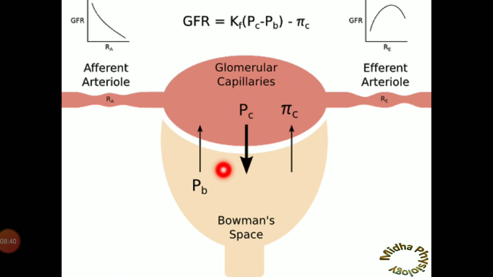Now, even in the Bowman's space, there is the presence of ultrafiltrate. So the hydrostatic pressure and the osmotic pressure of the Bowman's space is the one which determines whether the filtration of blood from the glomerular capillary can occur or not. So when we are talking about the effective filtration pressure, we have to take into account the hydrostatic and osmotic pressure of both areas, that is the capillary and the Bowman's space.